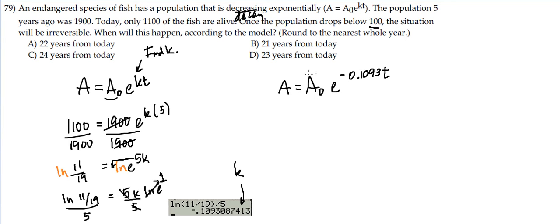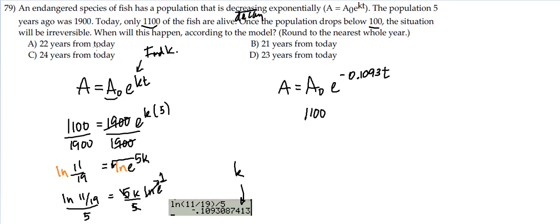Now we're actually going to shift and say that because today the amount is 1,100, that's going to be now the original amount. You could use 1,900 here for A0 if you'd like to continue with what we used over here. Just know that the number of years, t, that we're going to find will be the number of years from when it was 1,900, so you'd have to subtract 5 from our result to get the number of years from today.